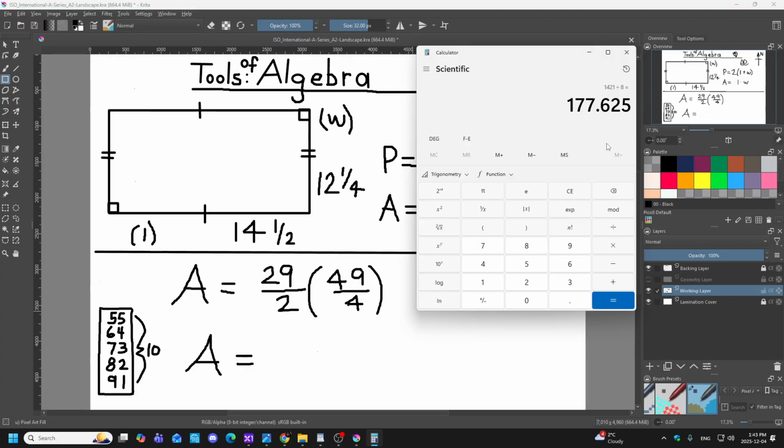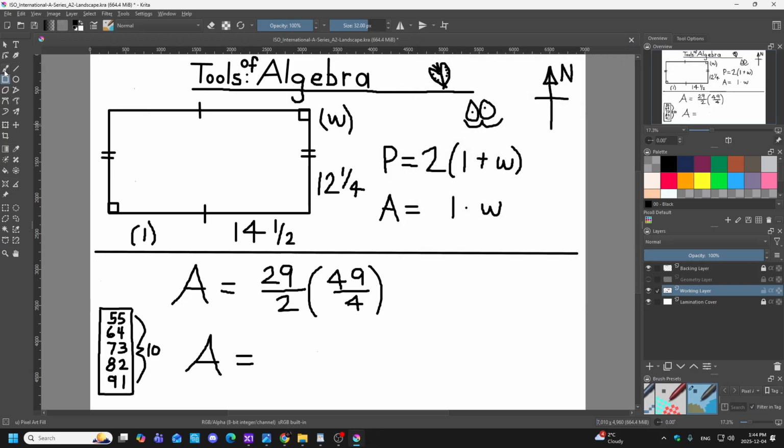Why am I getting a different answer? No. What did I do earlier, guys? Okay. Works out to 177 and 5/8. I have to double check that. Probably a good idea to double check your work. That's interesting.